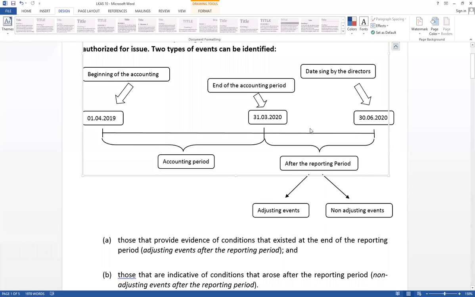Recognize inventory at NRV lower than the cost value. Adjusting events: debtors available at 31st March 20 became bankrupt. Should be adjusted. Even though they became bankrupt later, we have to adjust it in these financial statements. The cost value of the inventory is 500,000.